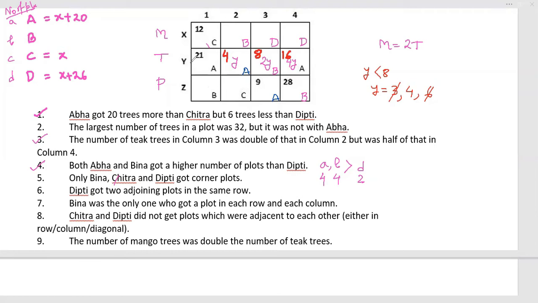So the total number of trees in this case is coming as 20 plus 29, that is 49. 49, that means this would be 98. So this is coming as 203. From that 203 it is less. The total number of trees is given as 205.